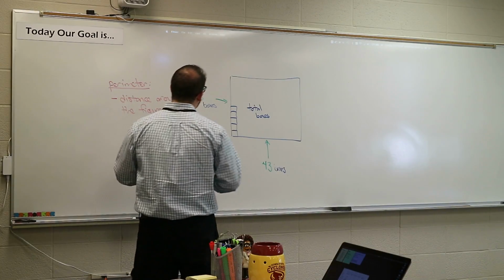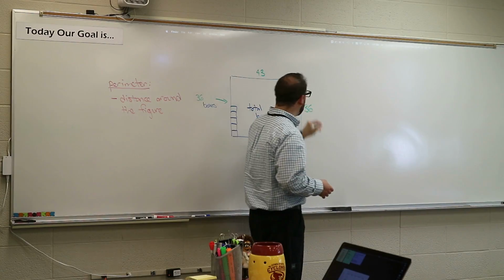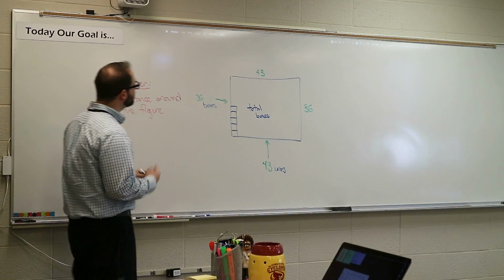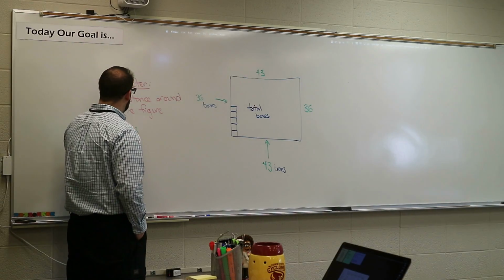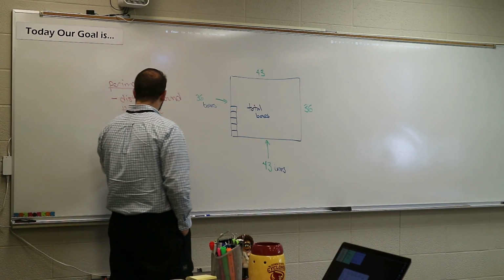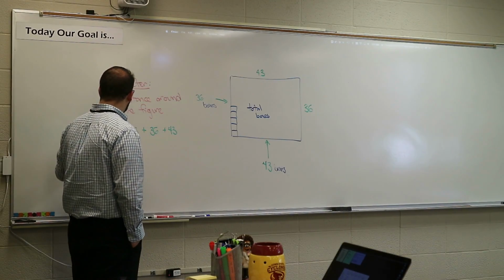If we want to find perimeter, you're going to add these boxes up because there's 4 walls to that thing. So if you want to find the distance around, you go 36 plus 43 plus 36 plus 43. And this will give me the perimeter of the object.